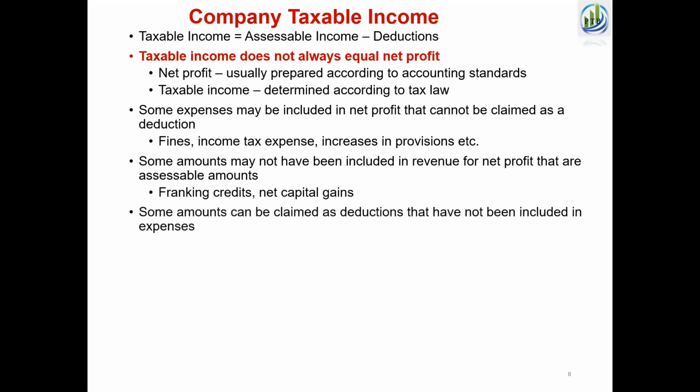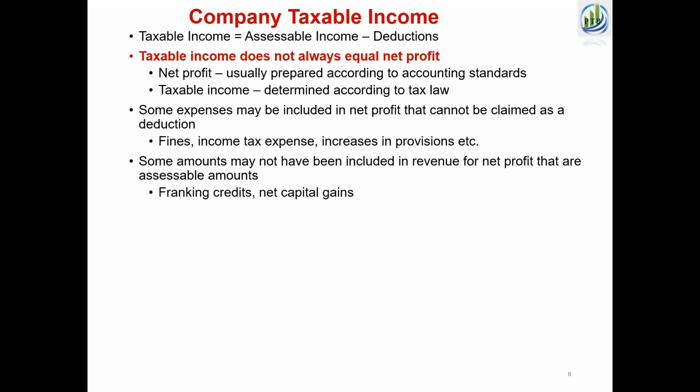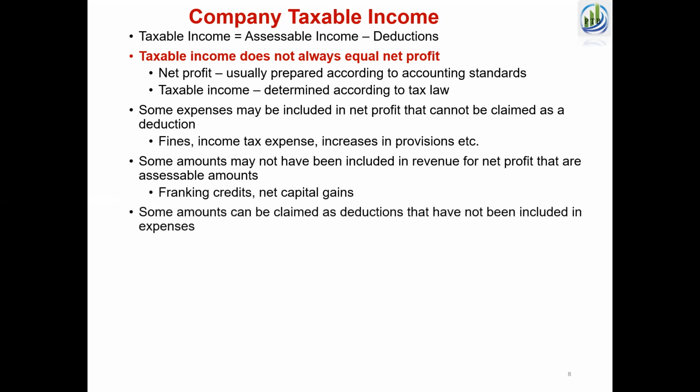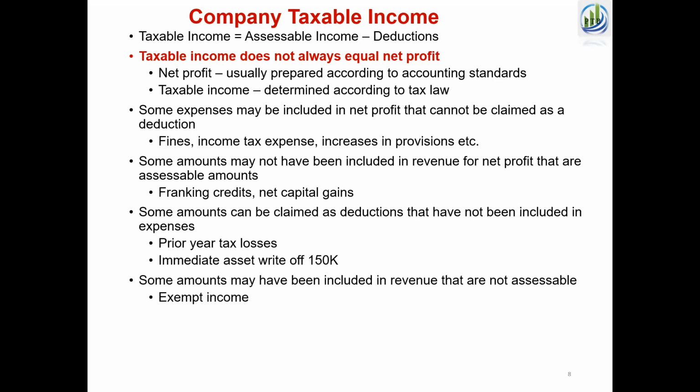They may not be included in the revenue in the profit and loss statement, but we may include them. The other way around, you include the cash flow boost as income, so we want to remove that. Some amounts can be claimed as a deduction but are not included in the expenses, like prior year tax losses, normally not in your financial profit and loss statement, but you can claim them through the taxable income.